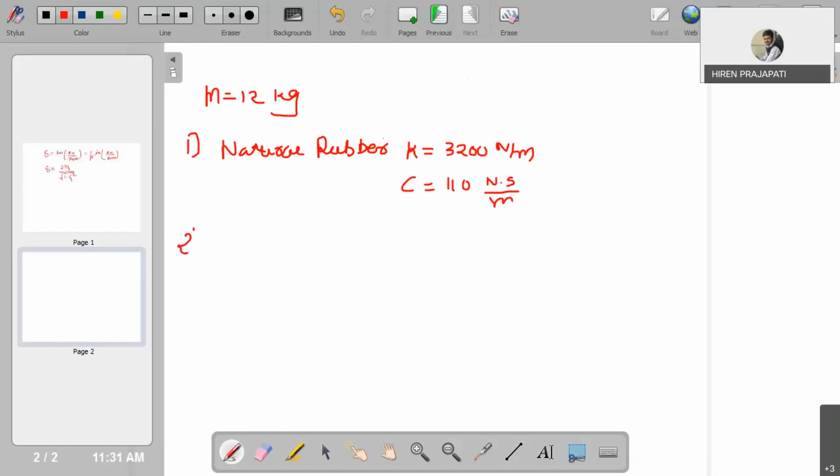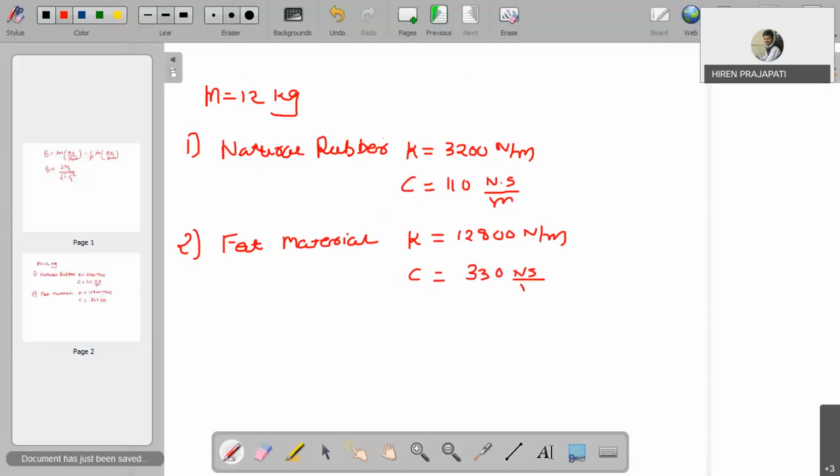And another isolator material is used, which is felt material. This is natural rubber, and the second material is felt. The properties of this material are also given: K is equal to 12,800 Newton per meter, and C is 330 Newton second per meter.